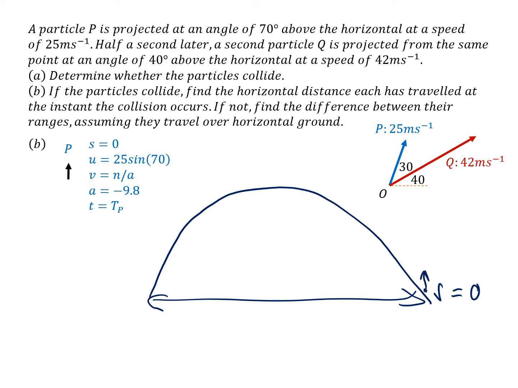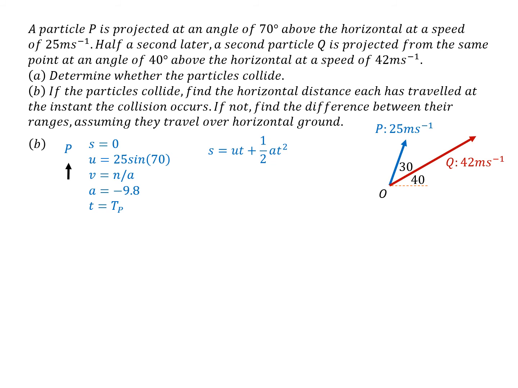So if we look at the vertical motion, taking the upward direction as positive, we're trying to find the time that P has been in motion when its vertical displacement is 0. So its initial vertical velocity is 25 sin 70 and acceleration due to gravity is minus 9.8 as before. And using s equals ut plus half at squared, we get this equation, which has two answers. tP equals 0, but that's not our point of interest.